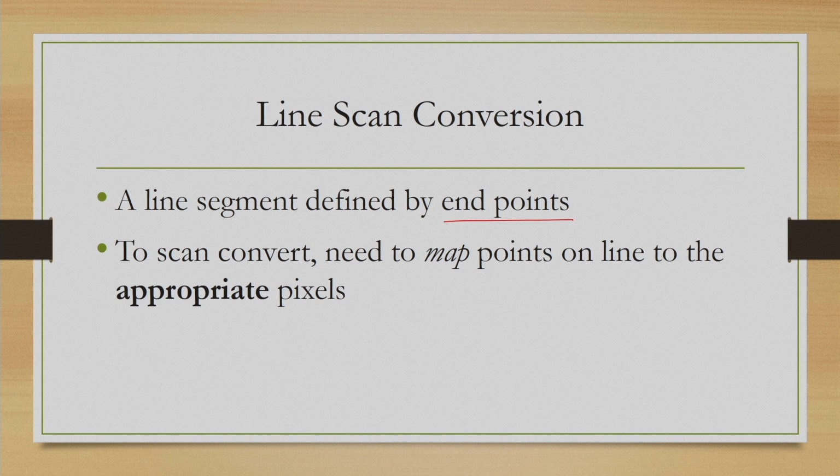So, to scan convert, what we need? We need to first map the end points on the line to the appropriate pixels, and also the other points that are on the line to the appropriate pixels.